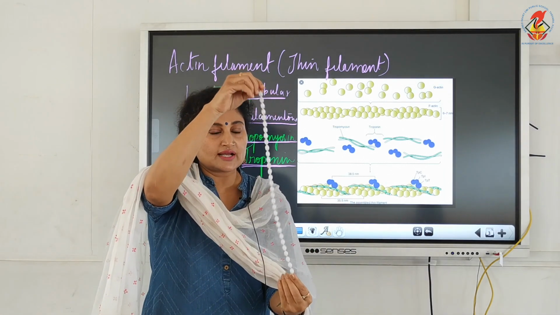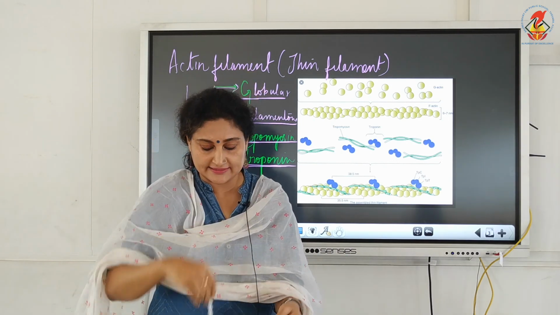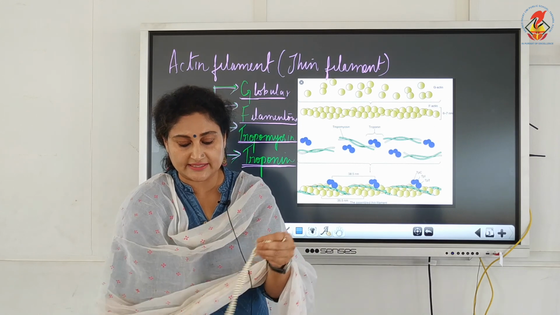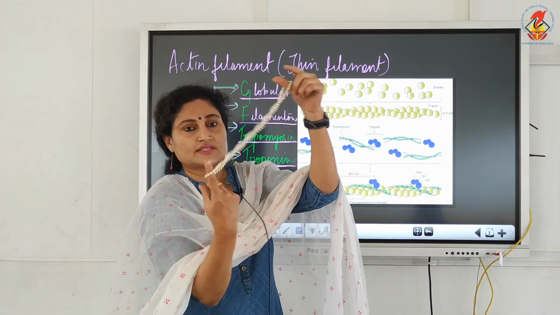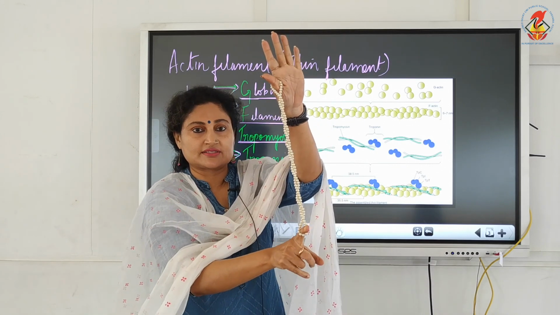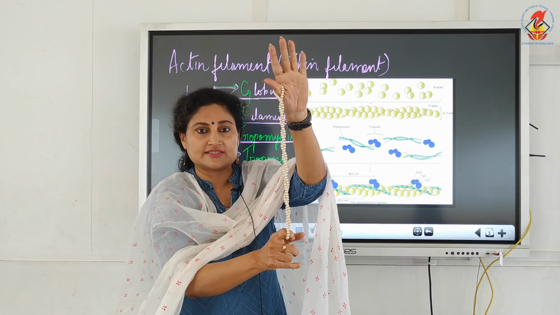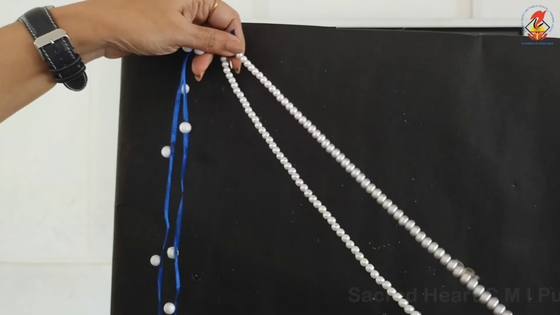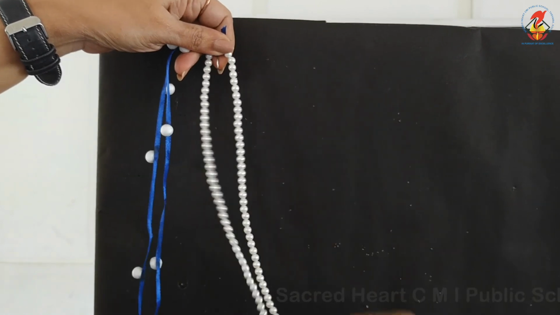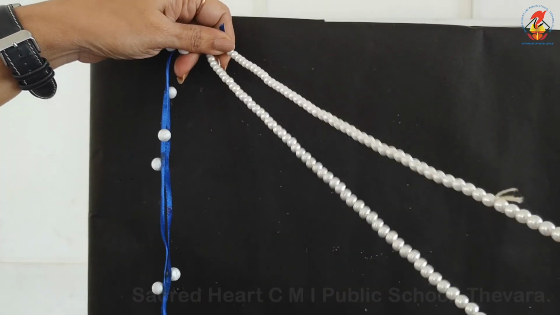Now, there are 2 such F-actins which coil around each other helically. So, from G-actin I built the F-actins, 2 of them helically coiled. See, this is one F-actin formed by the monomeric units of G-actin.